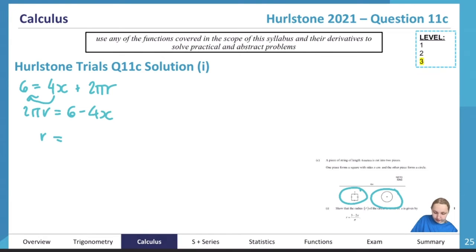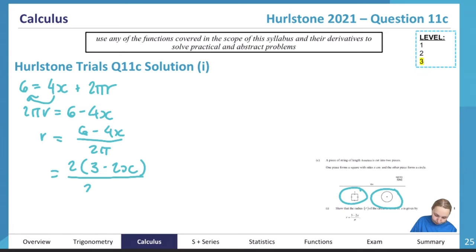Then r is equal to (6 minus 4x) on 2 pi. Take 2 out of this, so you get (3 minus 2x) all over 2 times pi. Then cancel out your 2's, and you get (3 minus 2x) on pi as your radius. And that's all you need to do for that first bit.